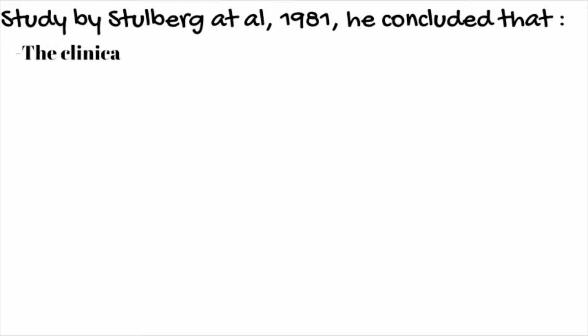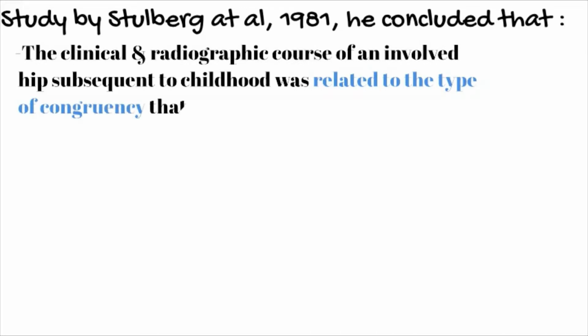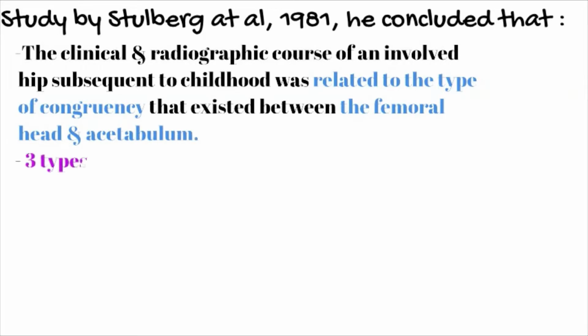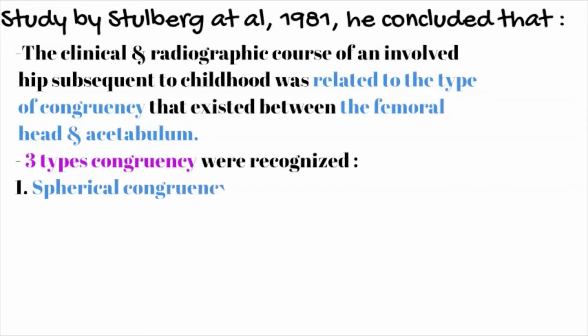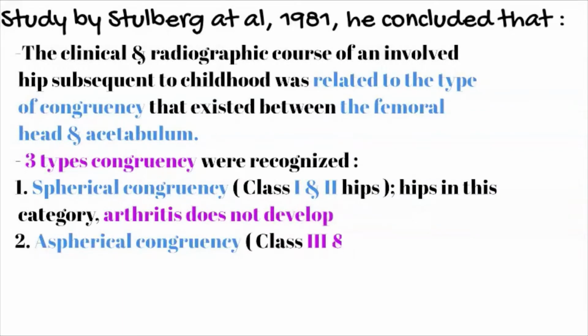Study by Stulberg et al., 1981. He concluded that the clinical and radiographic course of an involved hip subsequent to childhood was related to the type of congruency that existed between the femoral head and acetabulum. 3 types of congruency were recognized. Number 1, spherical congruency in class 1 and 2 hips.